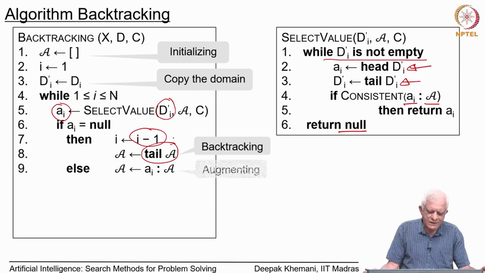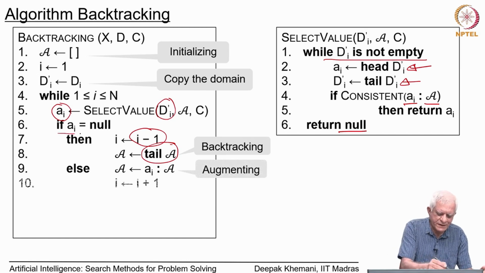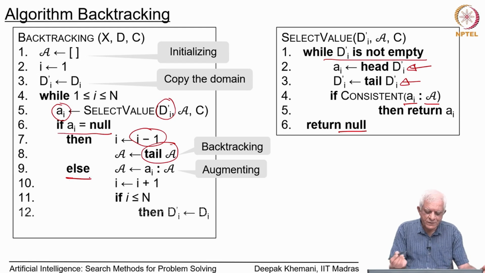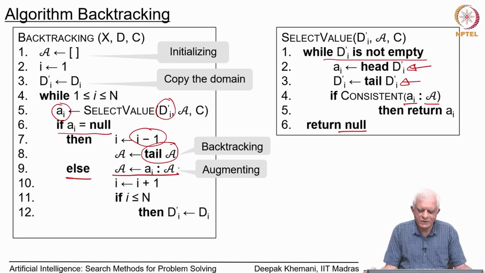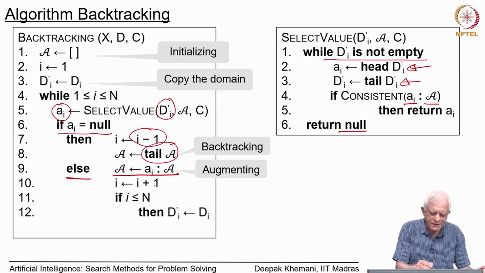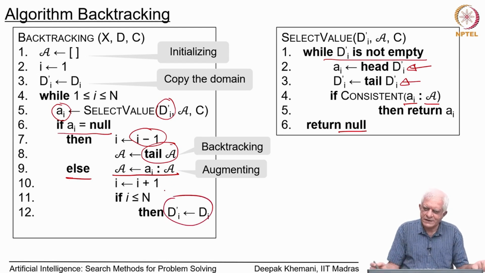If ai is not null, then we have found a value, and we just go on to the next variable, but before that we augment the assignment with this new value and then we increment i, and because we are looking at a new variable, we make a copy of its domain as well.